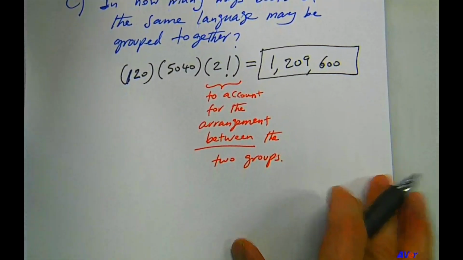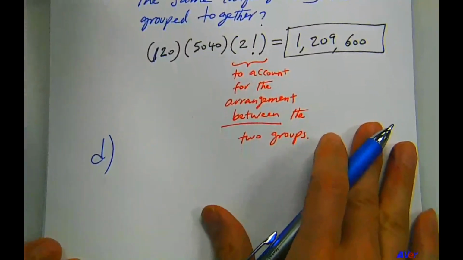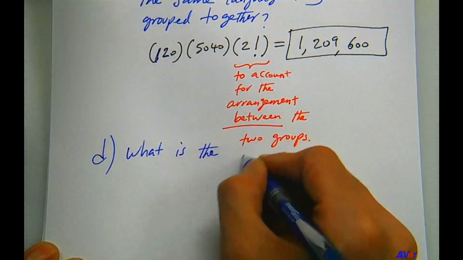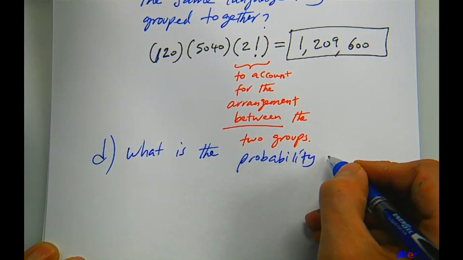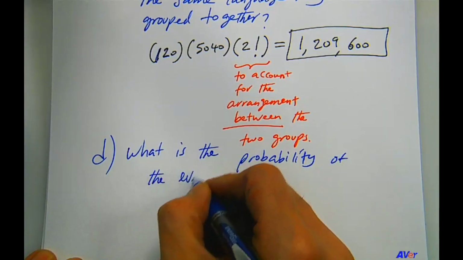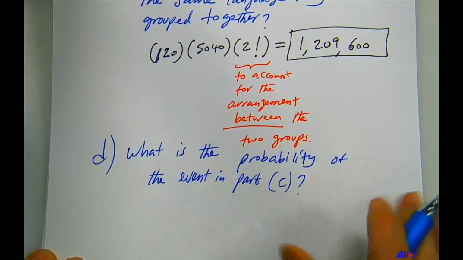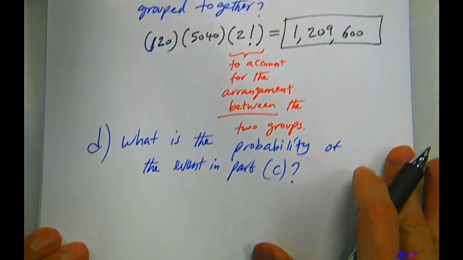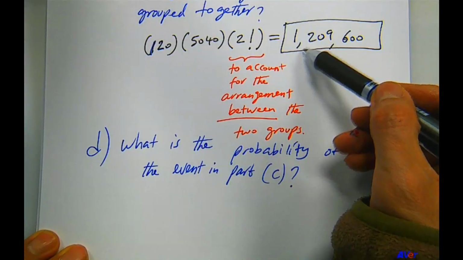Okay, so now part D, we want to know the probability of the event in part C. Same as before, we know how many of this type of event there can be.